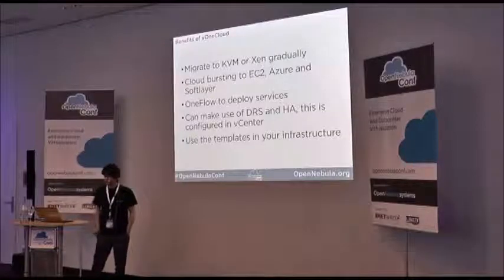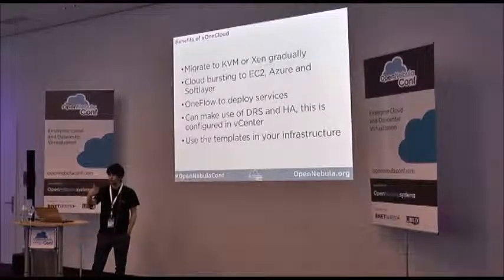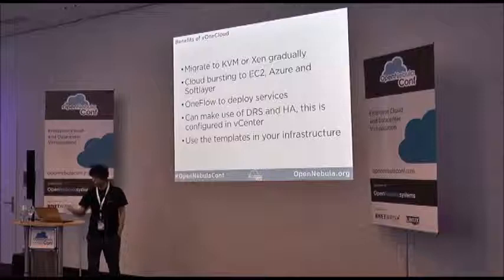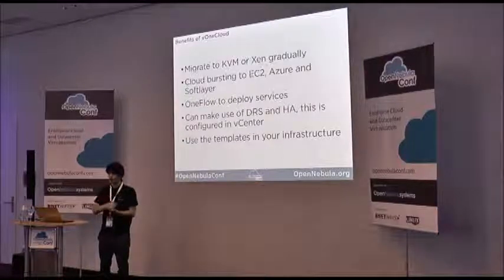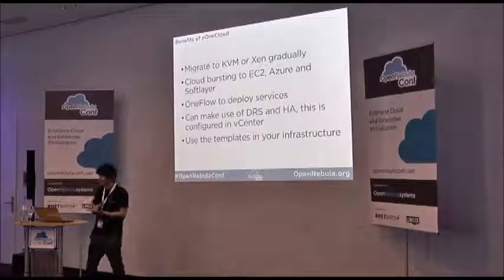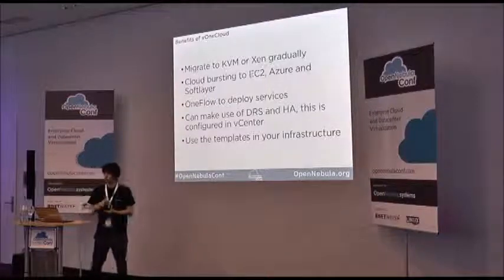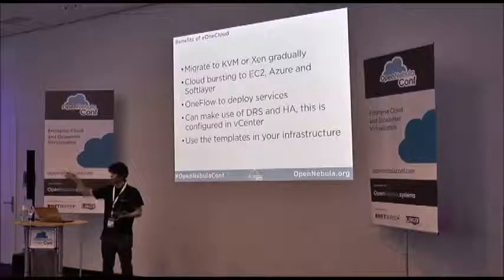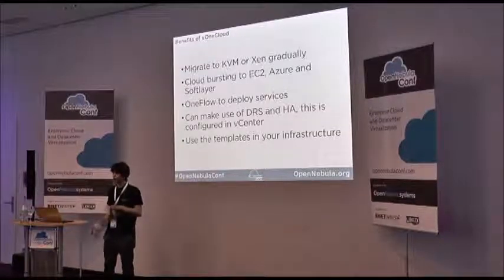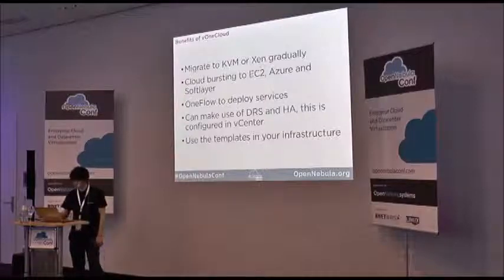For example, you are using your VMware infrastructure, but you can also use Xen and KVM. If you want to change your machines to KVM, or you want to try KVM or Xen, you can start using a little cluster with KVM or Xen at the same time as your VMware infrastructure.